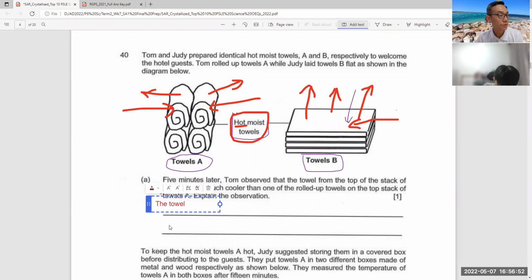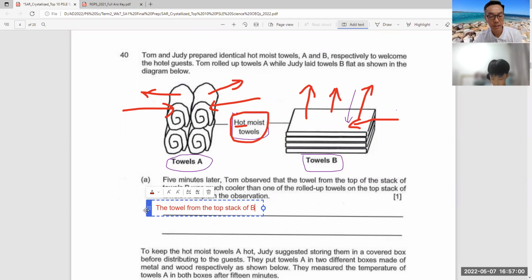The tower from the top stack of B has greater exposed surface area in contact. I always talk about in contact with what?